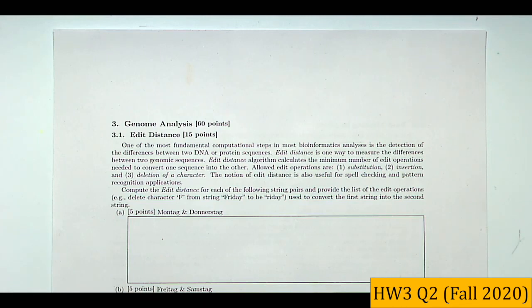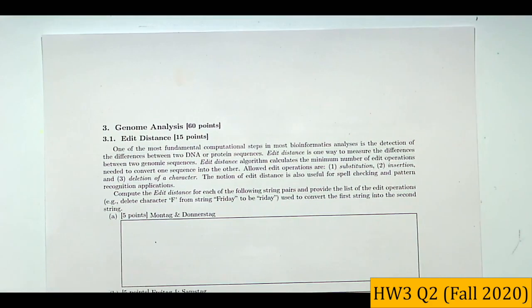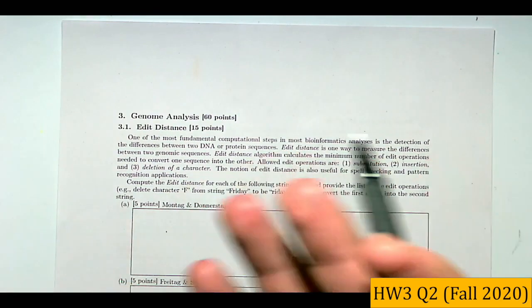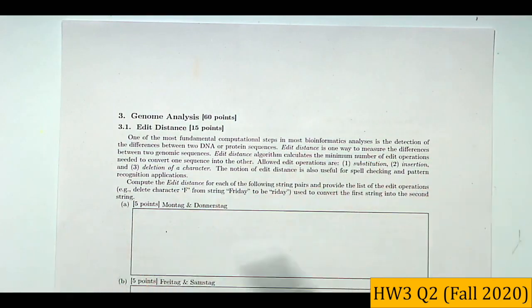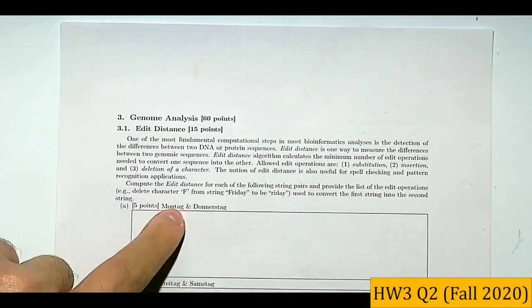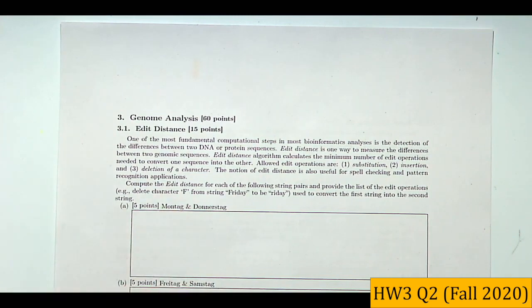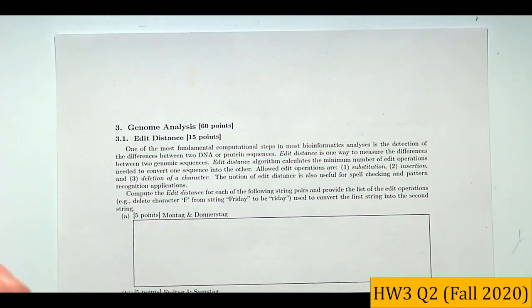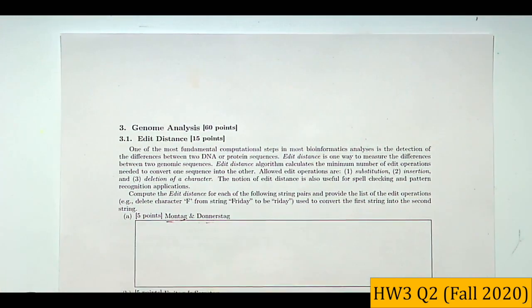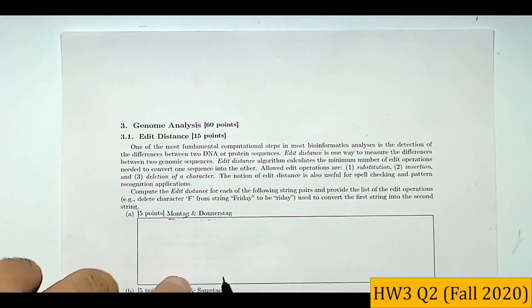Those edit operations are of 3 types: substitution, deletion, or insertion. You could follow the dynamic programming algorithm, where you design it yourself and calculate it for each of those 2 sequences, or, if you are smart enough, try to find the number of operations you need so that one of those 2 sequences becomes exactly identical to the other one. So let's see this example.